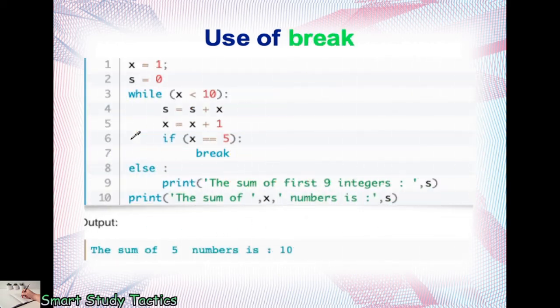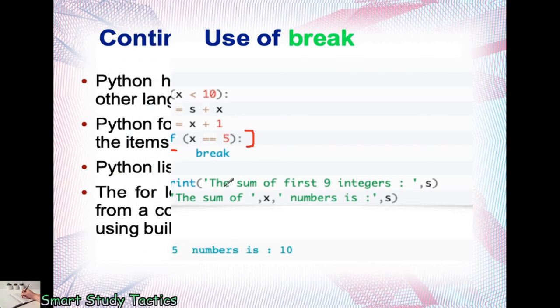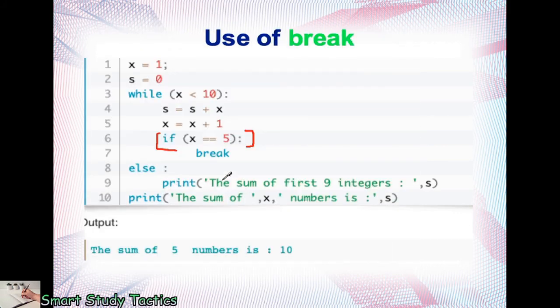Next, use of break. Now here you can see the same program, but now I put a condition: if x equals 5, break. As soon as x becomes 5, because the value of x is incrementing 1, 2, 3, 4, like that it will go on.